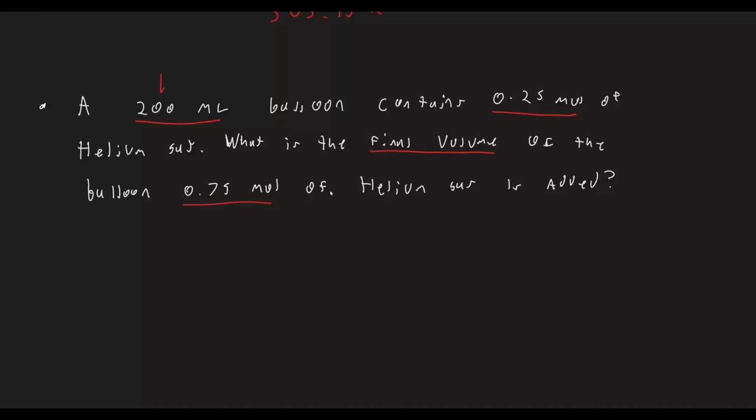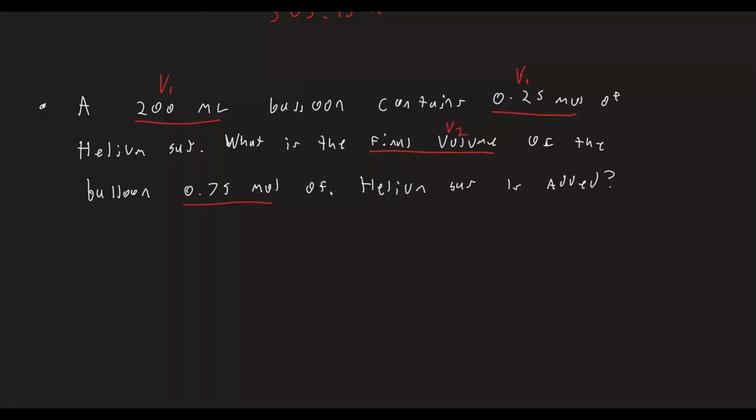So we have a V1, we have a V2, we have a V1, but this right here is not the V2. It says we are going to add 0.75.